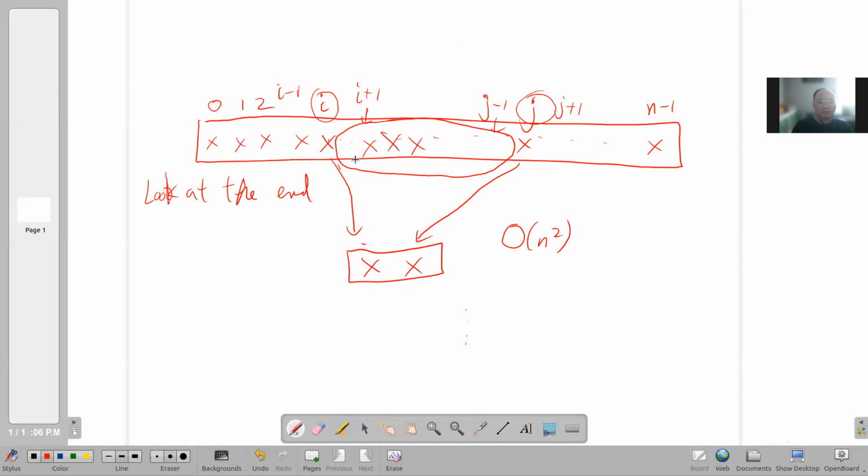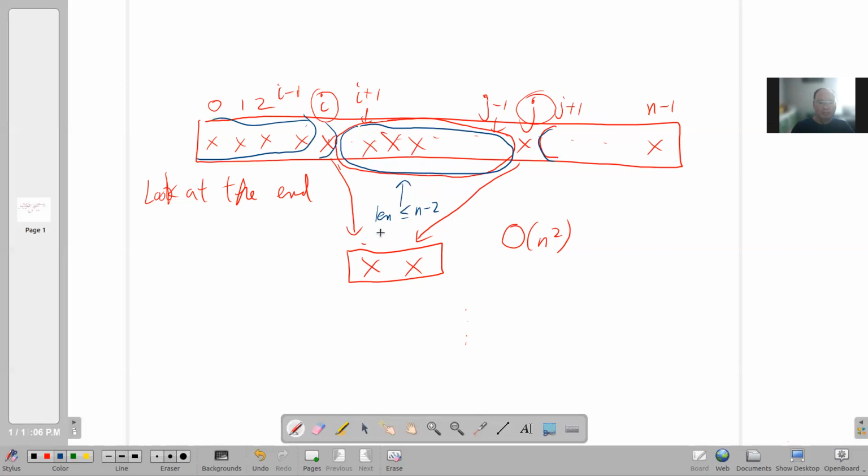So somehow you have removed i plus 1 to j minus 1, this sequence, and then let me change the color, you have managed to remove this, and you have managed to remove this completely. So if you know how to remove a range completely, where the range is of length at most n minus 2, because we're never going to remove everything, we're going to remove everything except 2, then we can solve this problem.